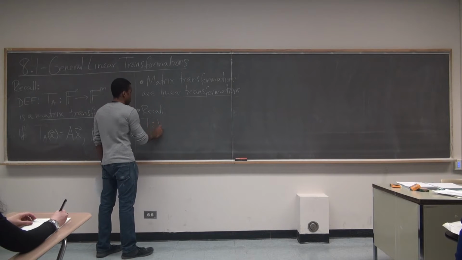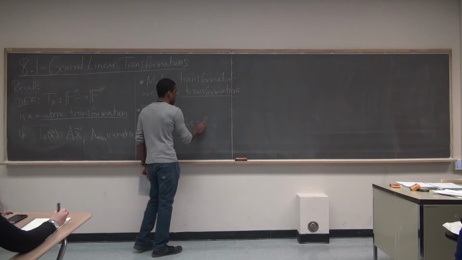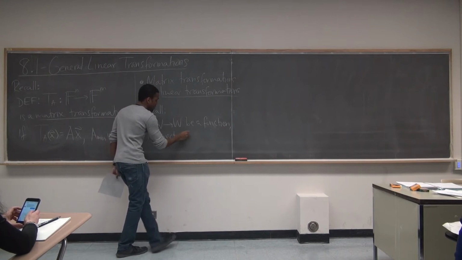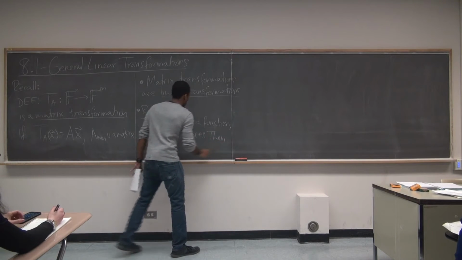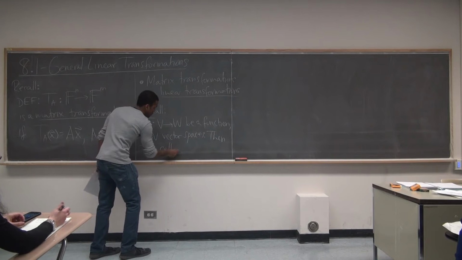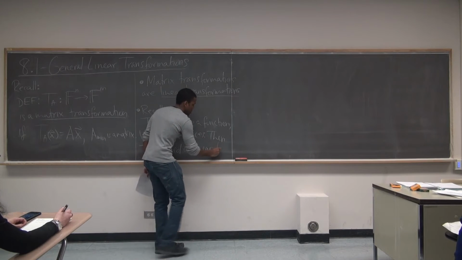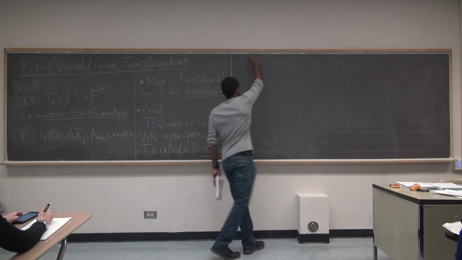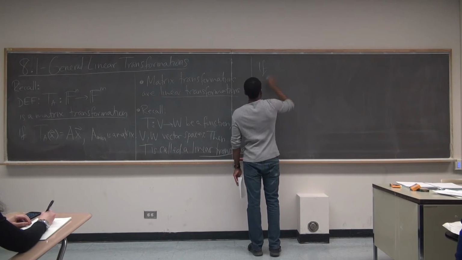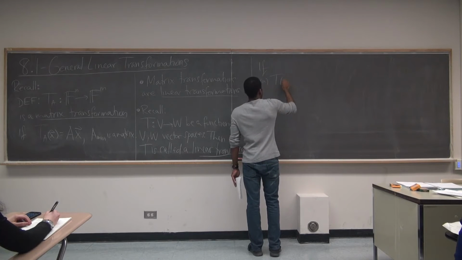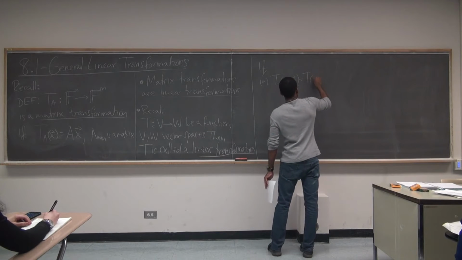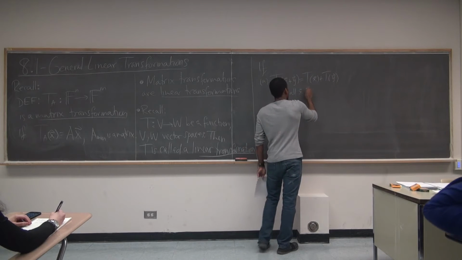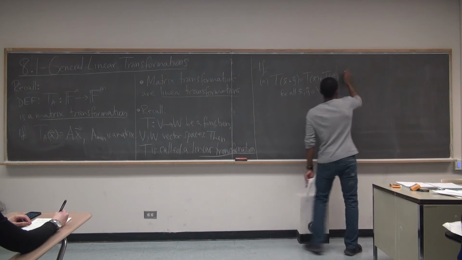Linear transformations. And of course, you have to recall what a linear transformation is. Let T from V to W be a function, where V and W are vector spaces. Then T is called a linear transformation if, (a) T of x plus y is equal to T of x plus T of y for all x, y in V. It's called the additive property.